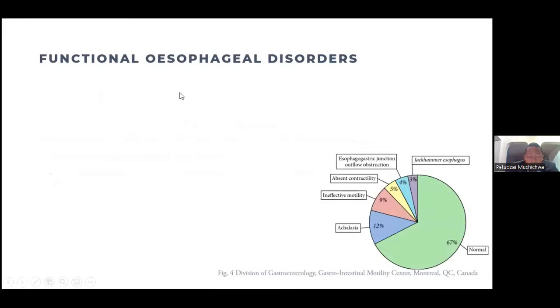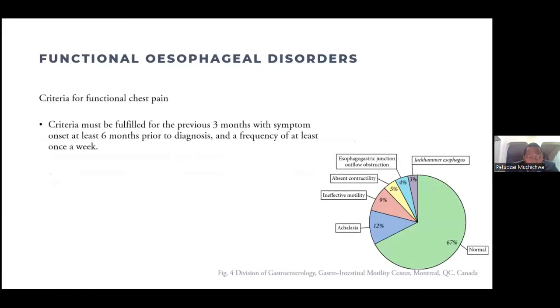Functional esophageal disorders, in terms of criteria again for functional chest pain: the criteria must be fulfilled for the previous 3 months with symptom onset at least 6 months prior to the diagnosis and a frequency of at least once a week. Retrosternal chest pain and discomfort, but must exclude cardiac causes.